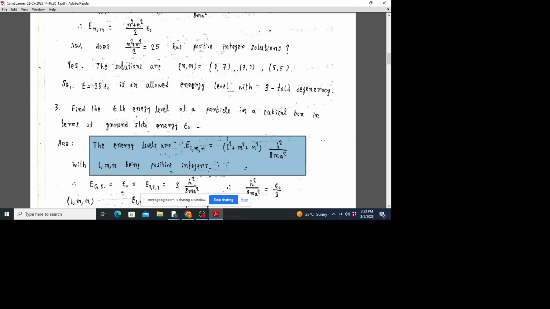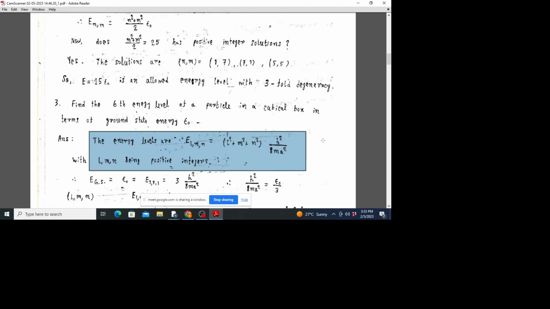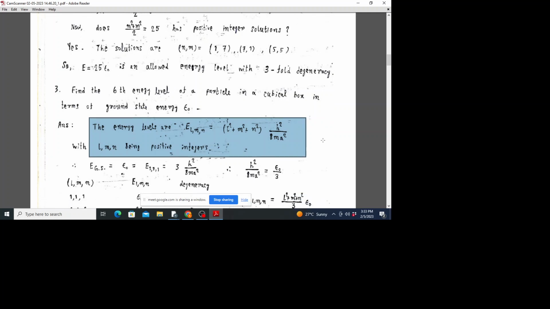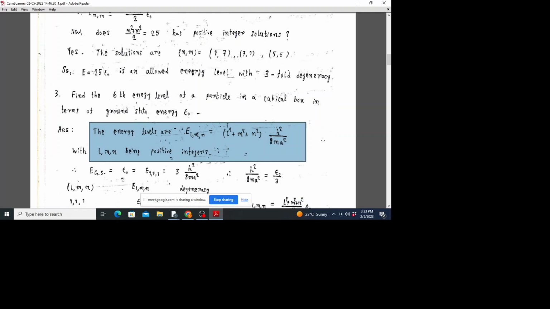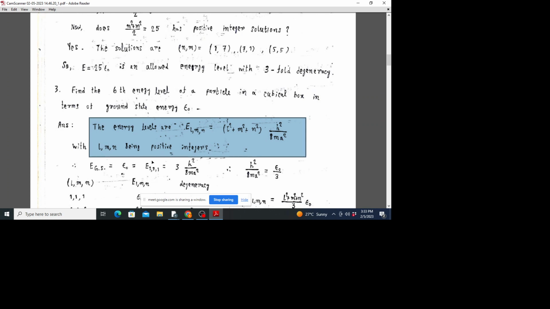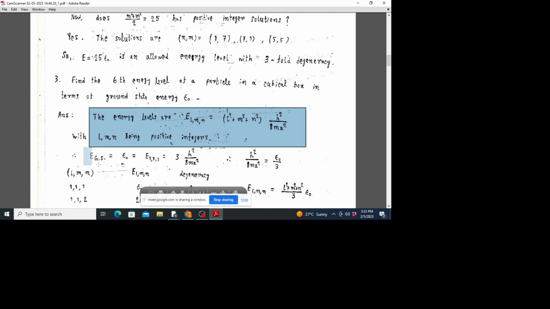Since L, M, N are positive integers, when do we get the ground state? We get the ground state when we consider L, M, N all equal to 1. If we substitute 1 in the above relation, we'll get this relation.